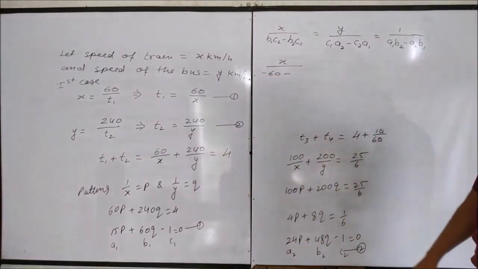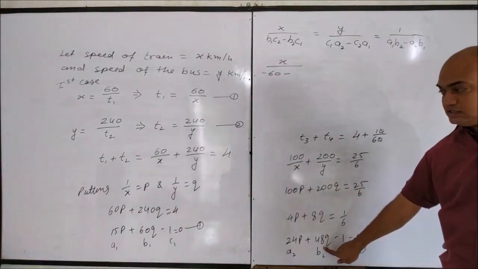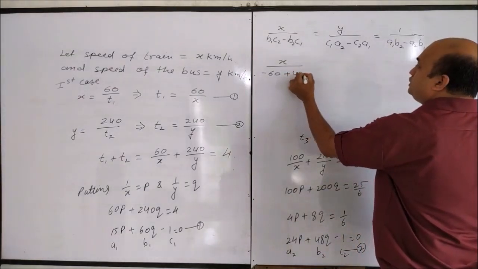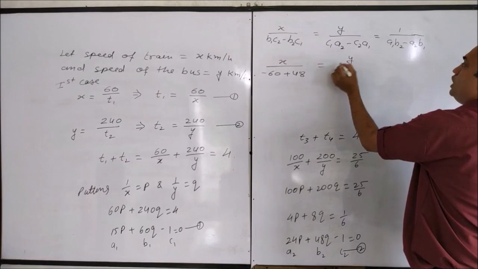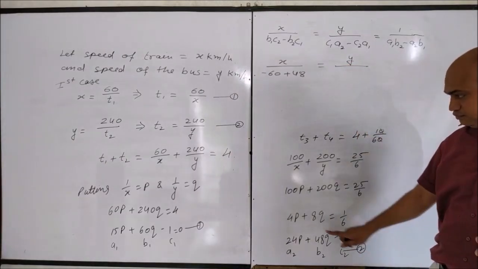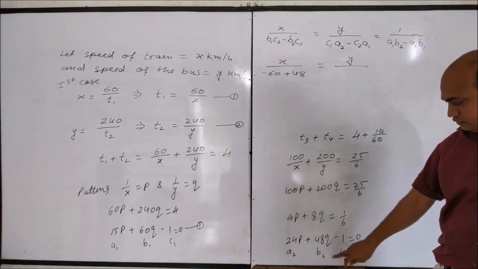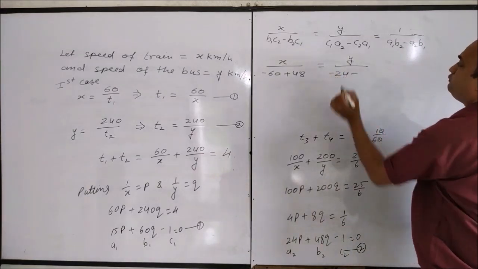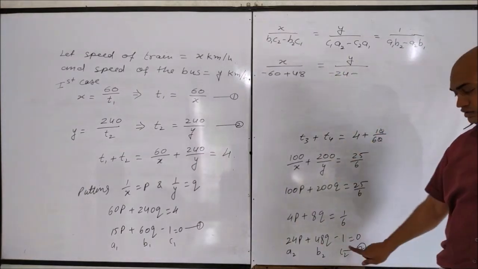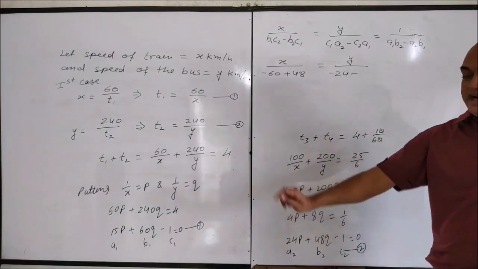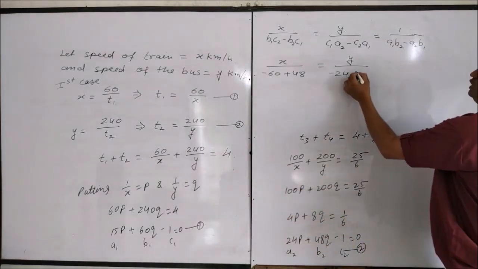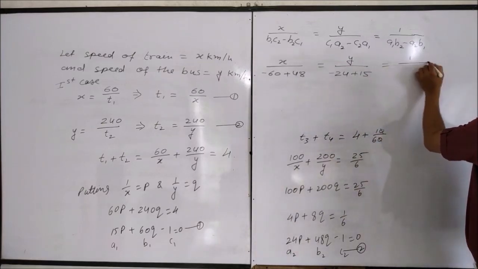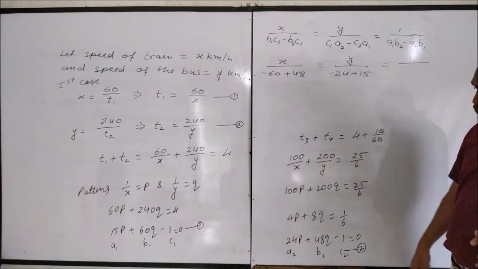Minus b2c1, b2 is 48 and c1 is minus 1, so it will be plus 48 is equal to y upon c1 is minus 1, a2 is 24, so it is minus 24, minus c2a1, c2 is minus 1 and a1 is 15, so it will be plus 15.